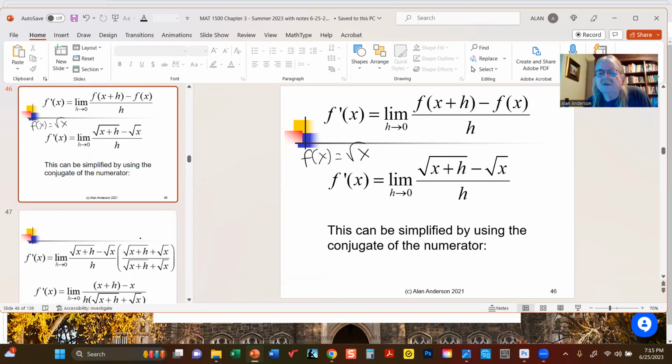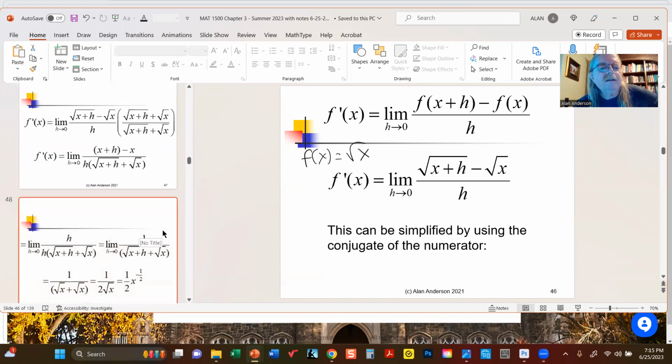So what do we do with this one? Well, one thing we can do whenever we have square roots like this, it can be a bit of a mess. And so we had this discussion the other day about conjugates. By the way, before you even do that, let's see what happens if we directly substitute.